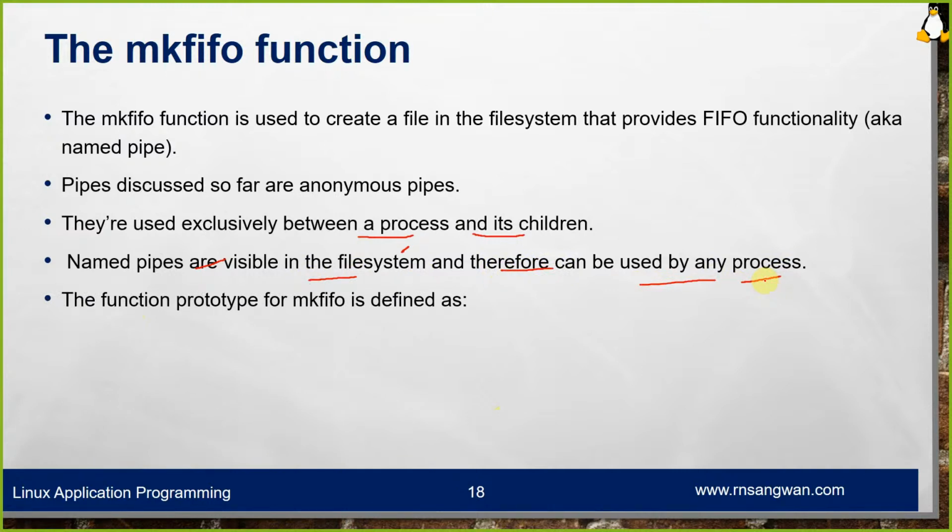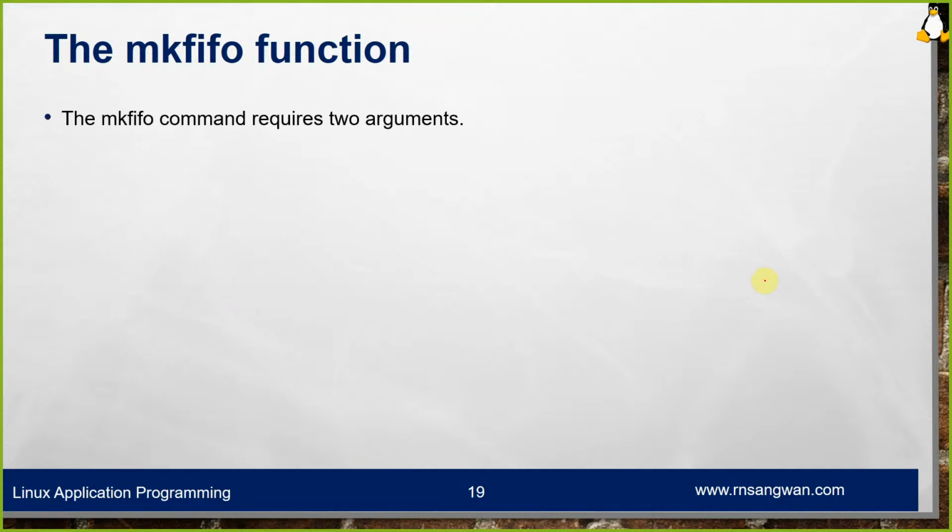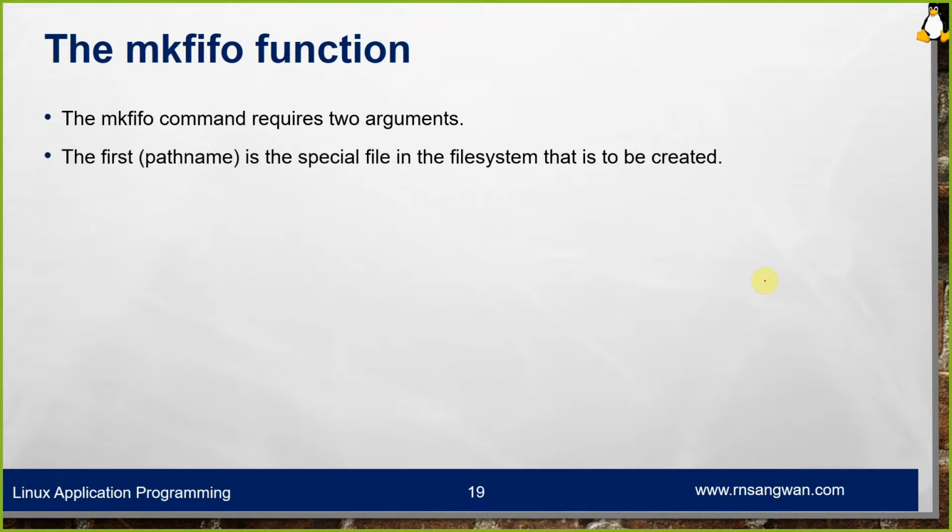Function prototype of mkfifo, make FIFO special file: include sys/types.h and then include sys/stat.h, and this is the function int mkfifo(const char *pathname, mode_t mode). The mkfifo function requires 2 arguments as mentioned.